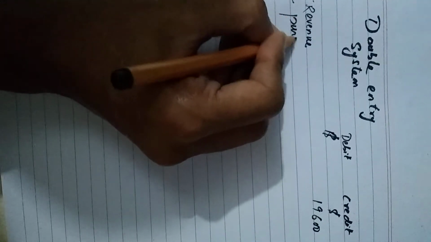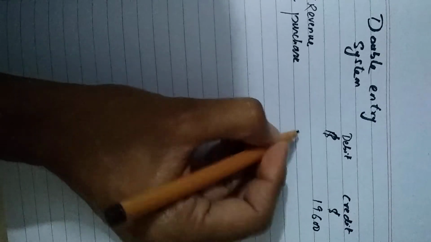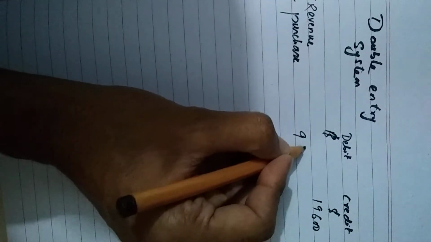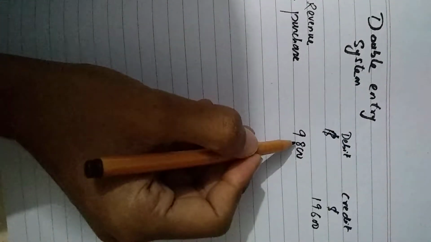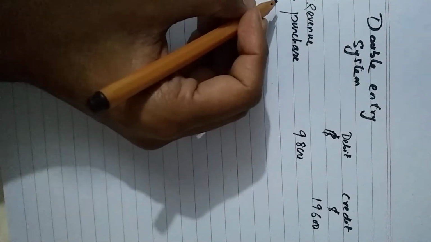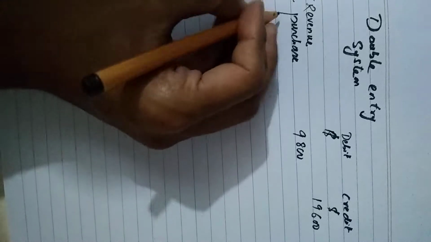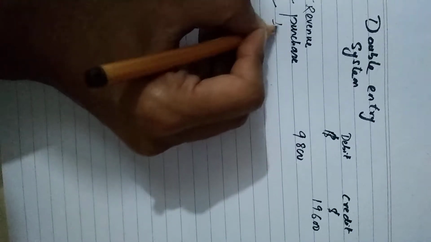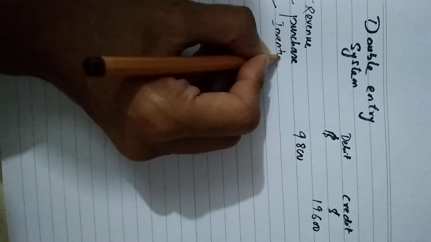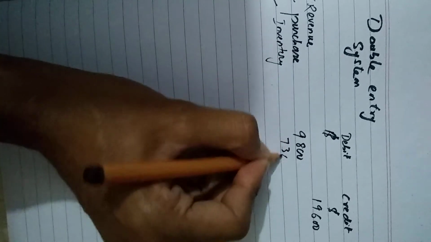Purchase, $9,800. What is purchase? Purchase is our expense, and when assets increase it is written in debit, so it is correct. Inventory is written here at 730.